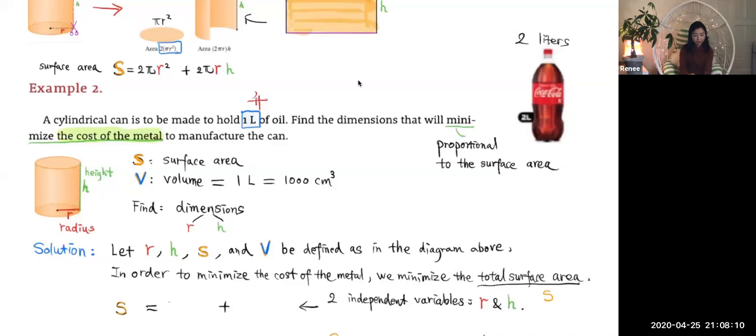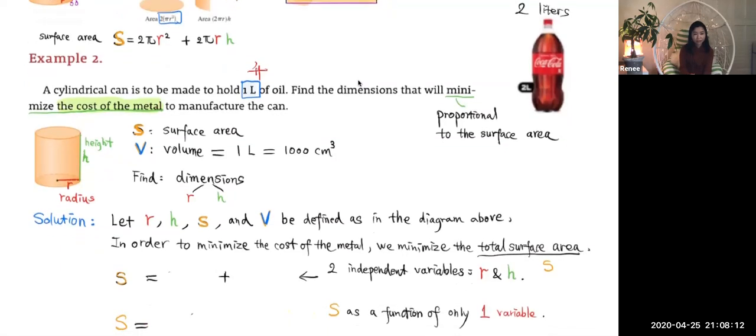The first thing we do for any word problem is try to draw a diagram. We draw this diagram right here, and we want to enter what is given and what is unknown. We also want to introduce notation in this diagram.